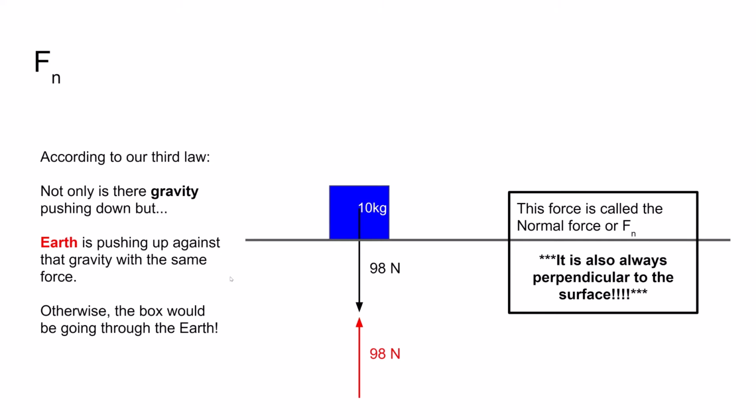For every action, there's an equal and opposite reaction. Okay, so that's what this means. So the Earth is pushing up against the box because the box is not going down through the Earth. If it were going down through the Earth, this force wouldn't be here. Okay, but since the box doesn't go through the ground, it implies that something is keeping that box from going downward, which is the Earth.